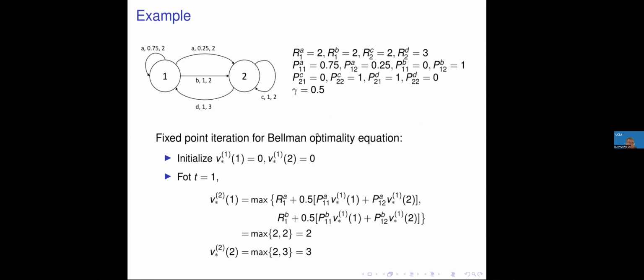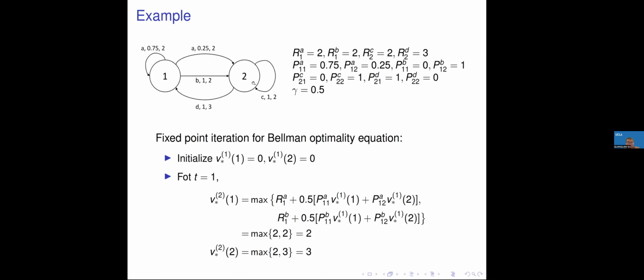Okay, so let me give you an example of value iteration, which might help you better understand this algorithm. Suppose we have two states, state 1 and state 2. At state 1, you can take action A or action B. At state 2, the agent can take action C or action D. At state 1, if the agent takes action A, then with probability 0.7 it will remain at state 1, receiving reward 2, and with probability 0.25 it will transit to state 2, receiving reward 2.